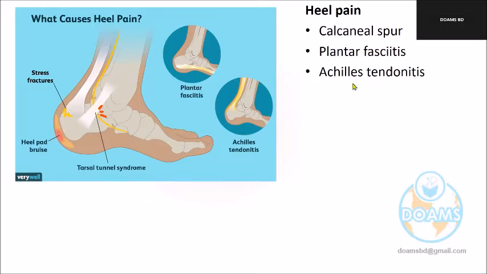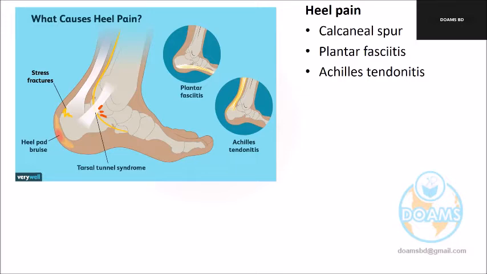Now, the thing is that, especially in this area, if a patient has plantar fasciitis or even calcaneal spur or Achilles tendonitis, if the lesions are bilateral, plus the patient has fever, anorexia, what could be the underlying disease? Please respond quickly, anyone.